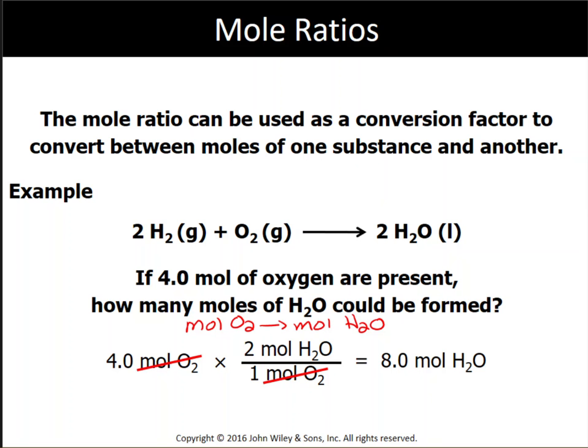So we use balancing coefficients as molar ratios, and those molar ratios were used as conversion factors to go from the number of moles of oxygen to the number of moles of H2O that would be produced.